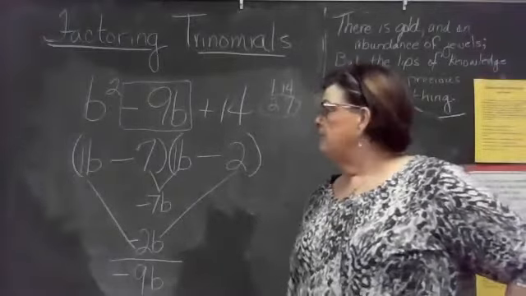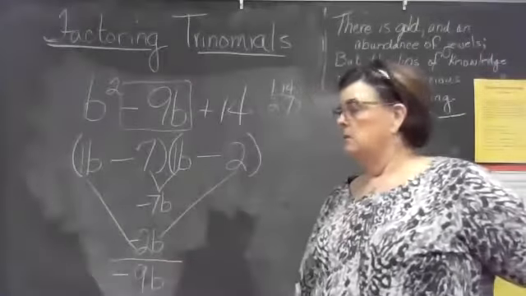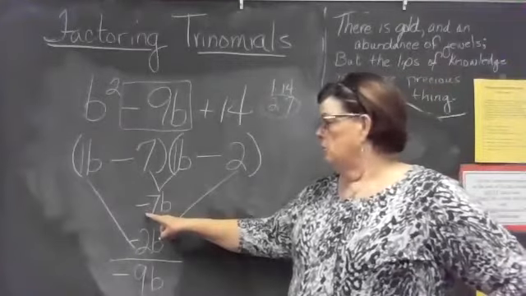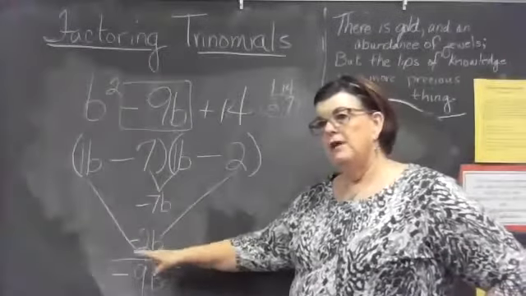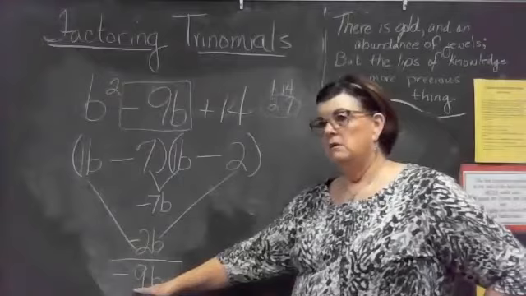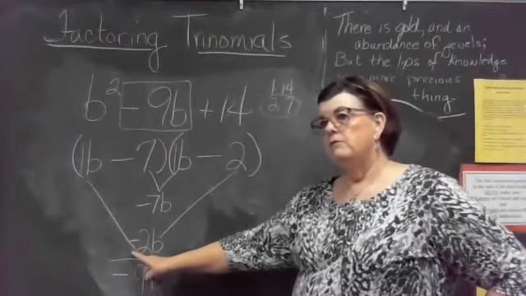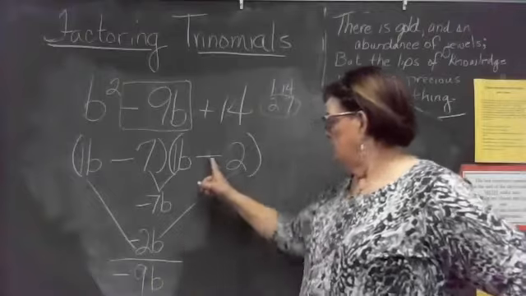Why is that a negative 2? Because if you take negative 7 plus a negative 2, that's how you get a negative 9.